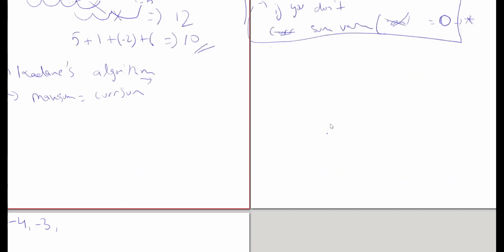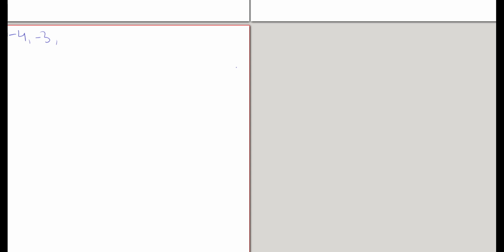The columns are I, current element, current sum and max sum. I is equal to 0, current element is minus 4. Since we are going to use the same concept, our current sum will still be minus 4 and max sum will still be minus 4, right?